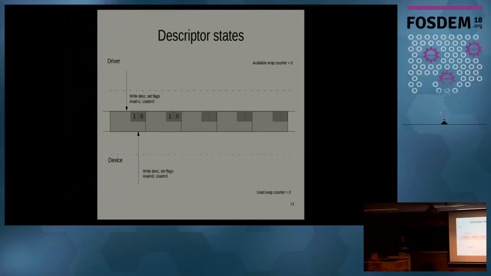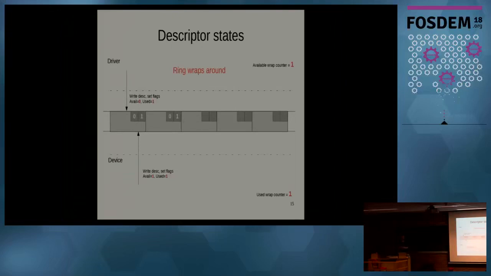So assuming that the ring is 0 initialized, on the first iteration over the ring, to mark the descriptor as available, the available bit is set to 1. Then on the next iteration, it is set to 0, and so on. Similarly, to mark a descriptor as used, the used bit is set by the device on the first iteration to 1, 0 on the second one, and so on.